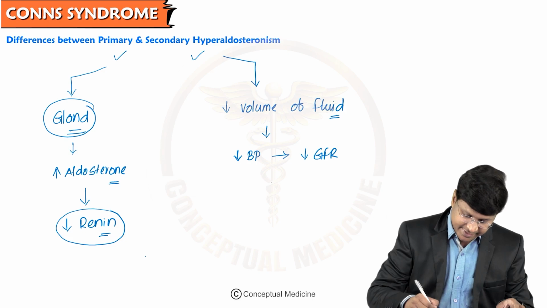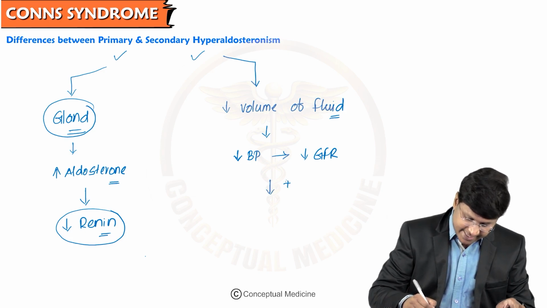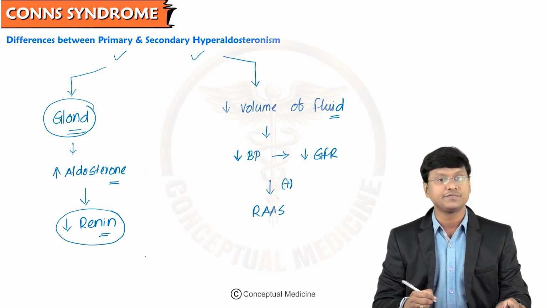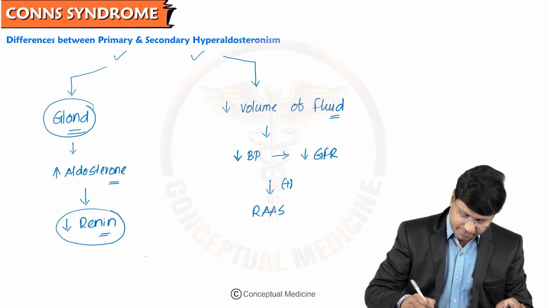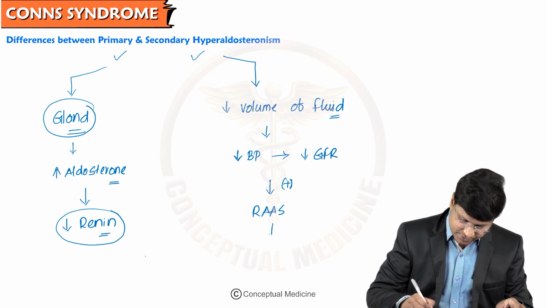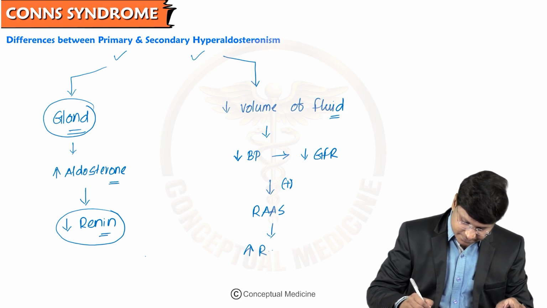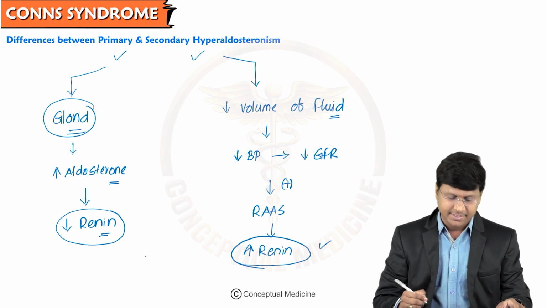And once there is a decrease in GFR, there will be activation of the RAS mechanism. Because of the activation of RAS, there will be an increase in the renin levels.